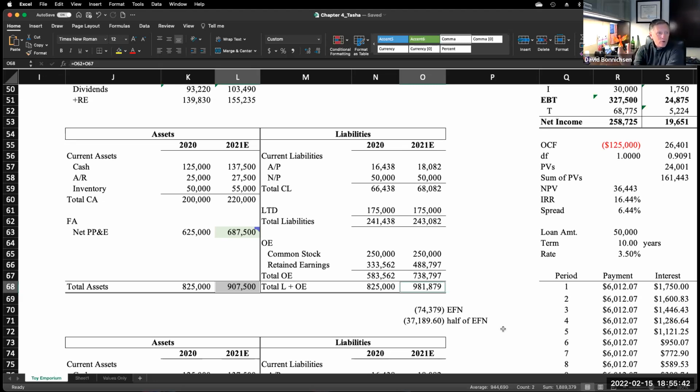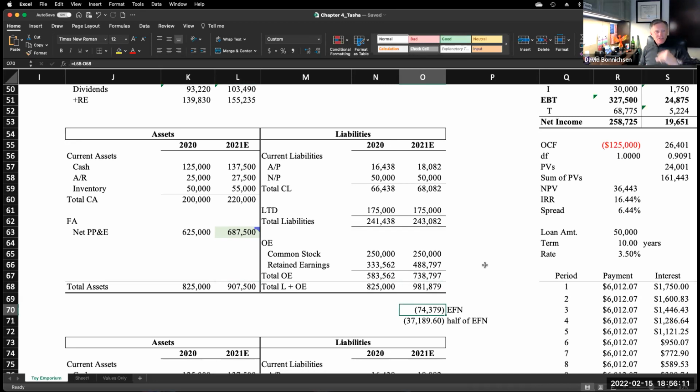How we go about forecasting and how we plug the hole in our balance sheet through the external financing needed. How much are we out of balance? The difference between our estimated assets and our estimated total liabilities and owner equity is $74,379. That's how much we're out of balance.